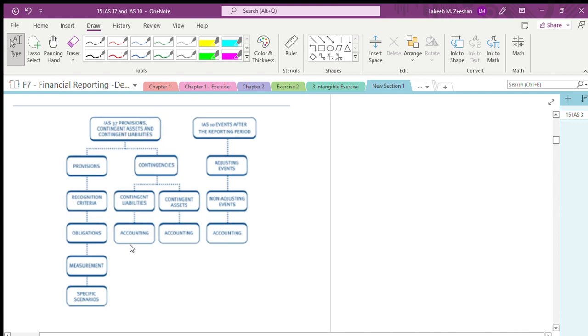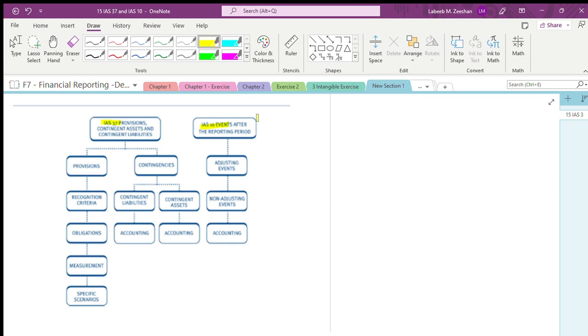The same thing has been put in graphical format. We are talking about two things: one is IAS 37, and one is IAS 10. IAS 10 covers adjusting events and non-adjusting events.